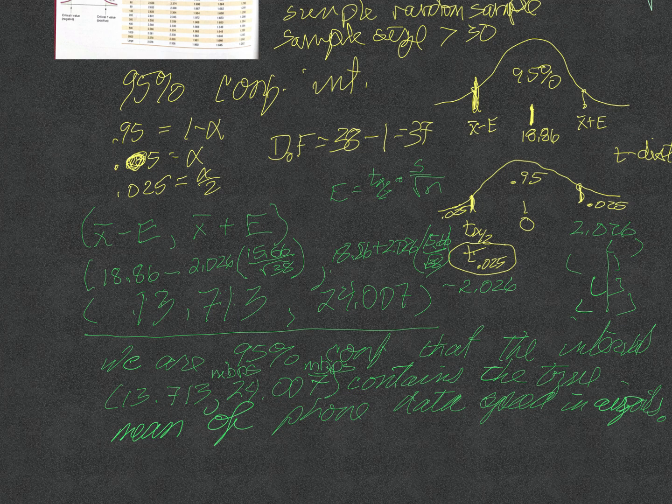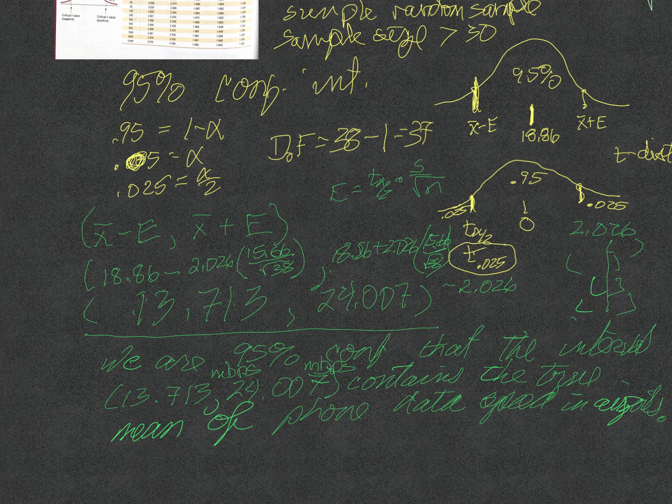Okay, we've constructed 2 of them now. That's the basic process. So what else is in this section? There are a couple other things in this section. One of those things is you want to find sample size. So how would you do that?